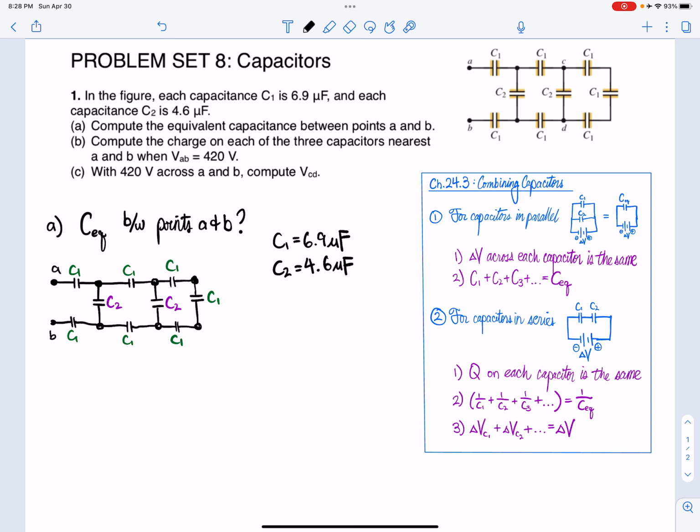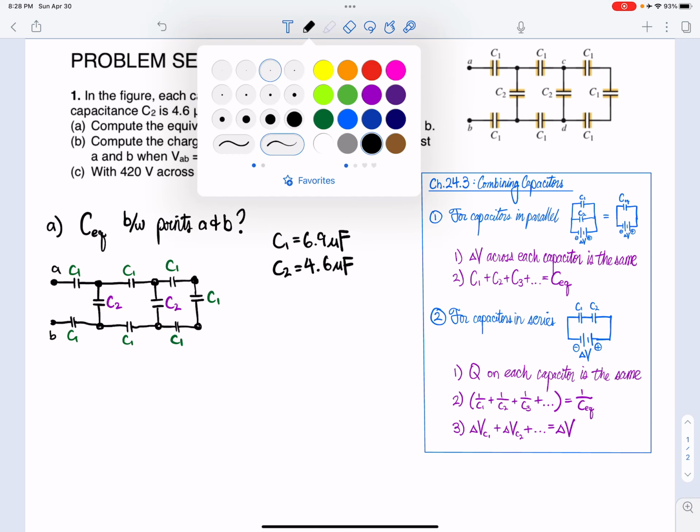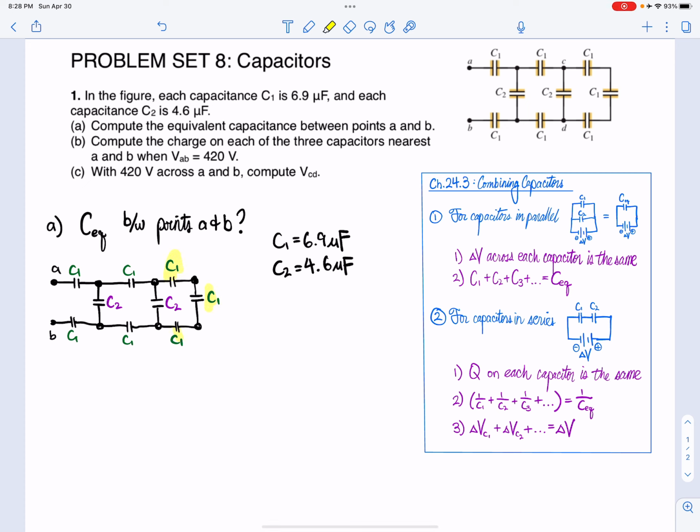So I'll work on combining my capacitors from the right side of the circuit going all the way to the left side until I have a single equivalent capacitance. I'll start with these three capacitors in series right here. For capacitors in series, I'm going to add them all up.